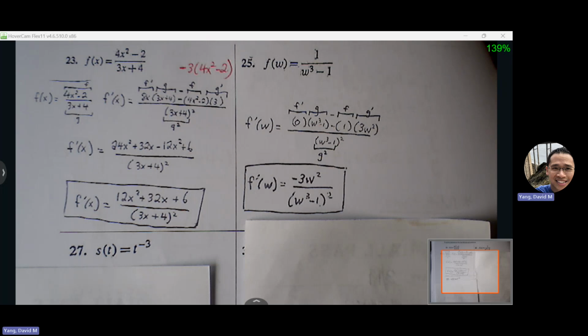A lot of things will cancel out because f prime for the numerator will just go to 0. Okay. Any questions with 25?